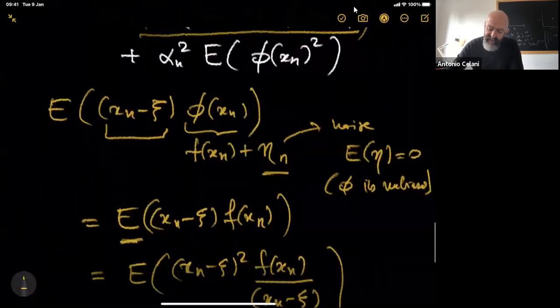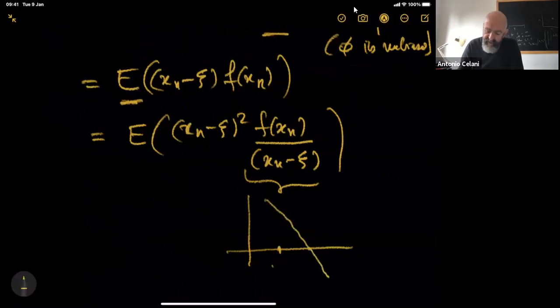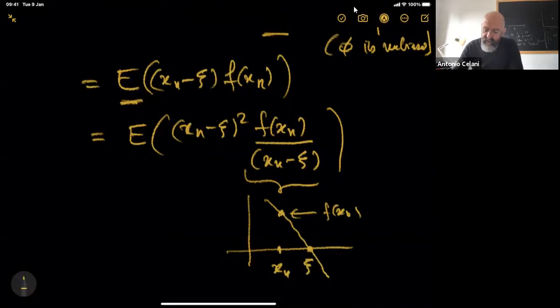Remember, the function always has a derivative like this. For every point xn, this is my value f of xn, and this is psi. So this ratio between the value of the function and the separation here is a negative object.